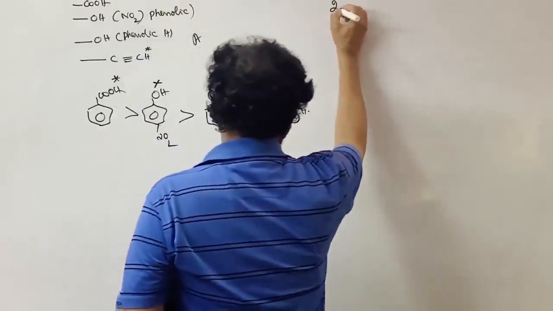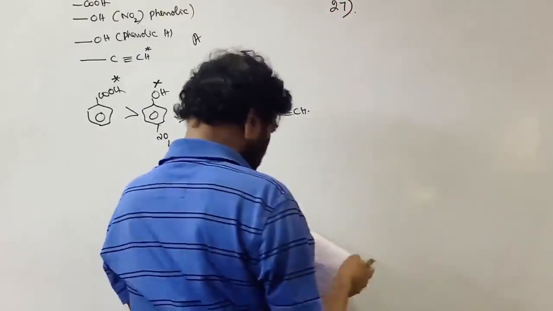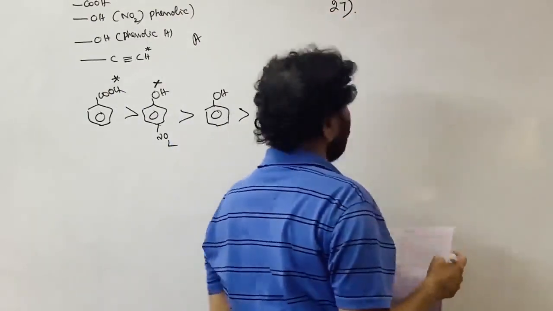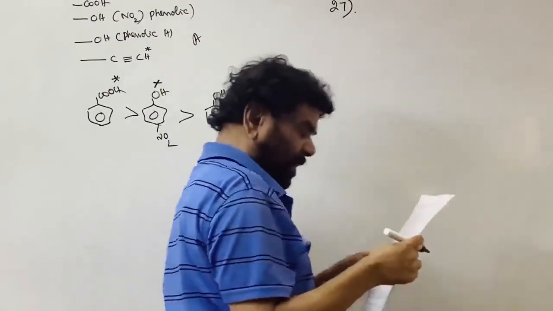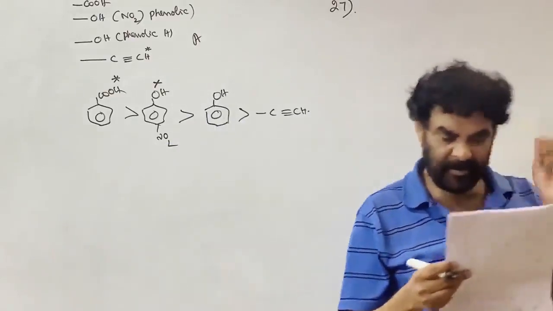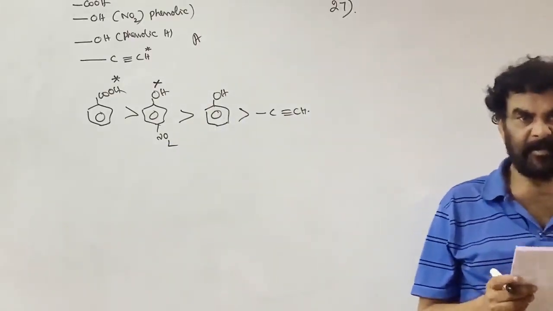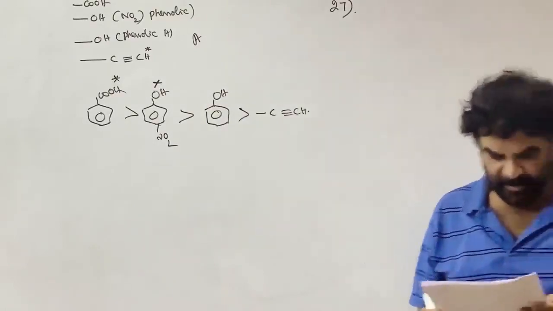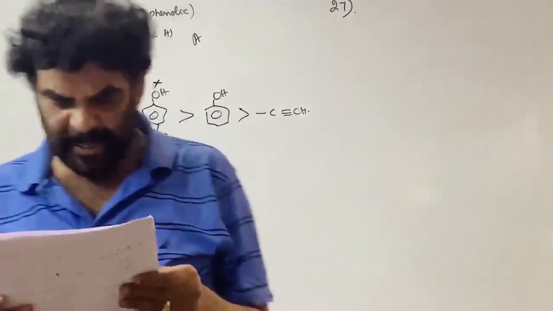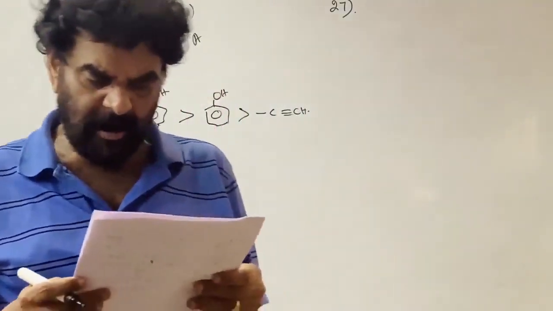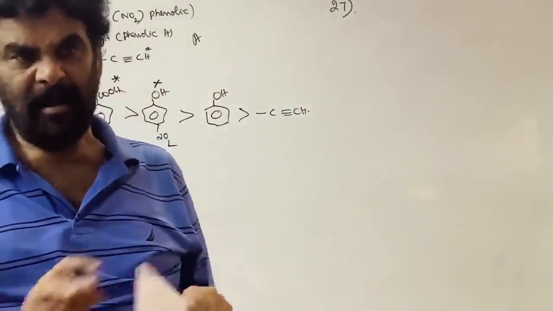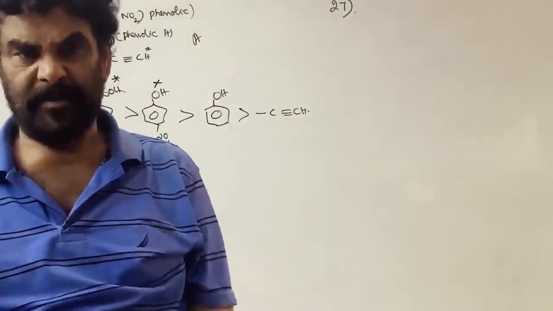In the 27th question, different organic compounds are given, and it asks to find the relative boiling points of carboxylic acids, alcohols and aldehydes with the same number of carbon atoms.